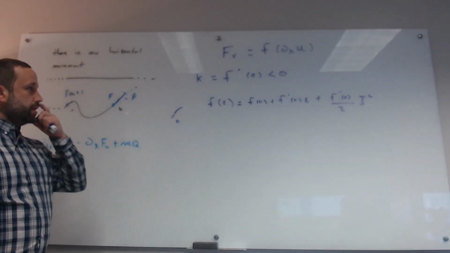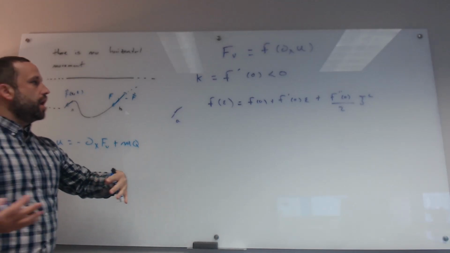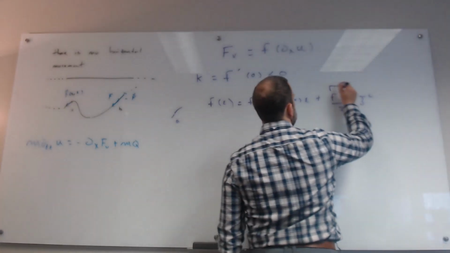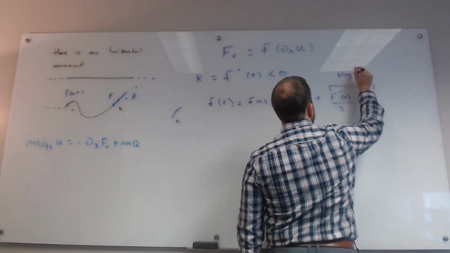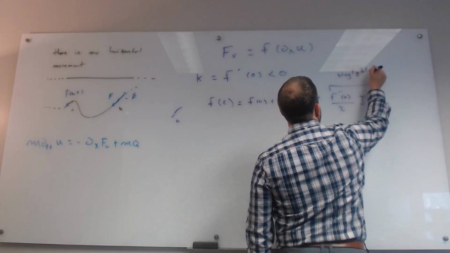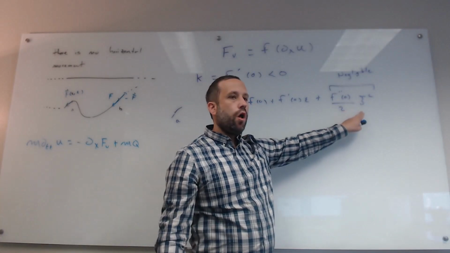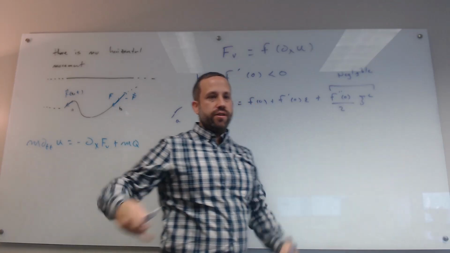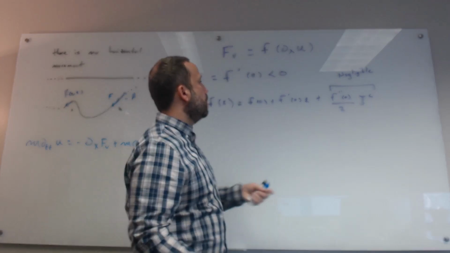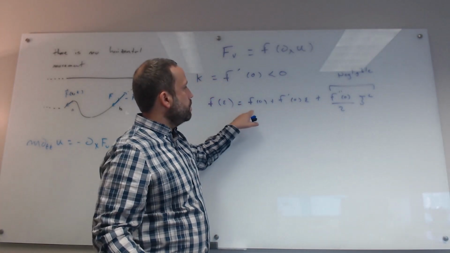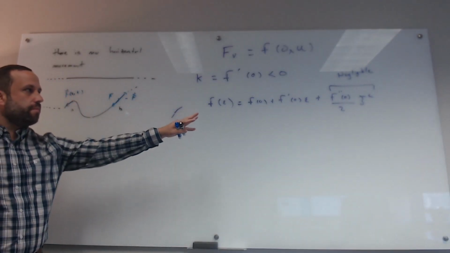But if epsilon is very small and c is in between 0 and epsilon, this last term is negligible. If c is small, then you square it, it's basically 0. This is the fluxion thing that Newton did. Obviously it's not literally equal to 0, but it's much smaller compared to these two terms right here. This is just Taylor's theorem.